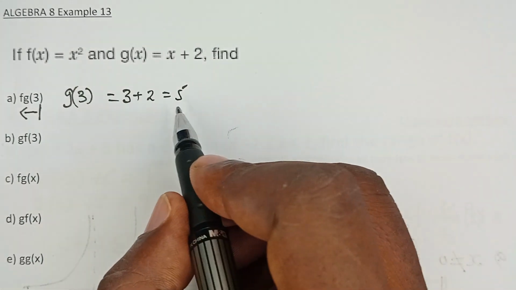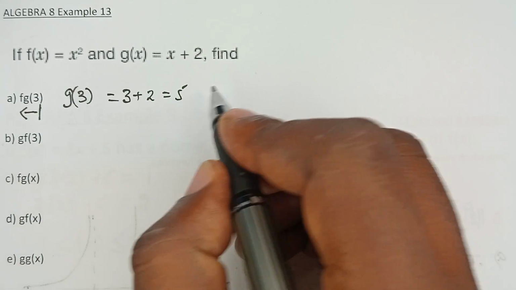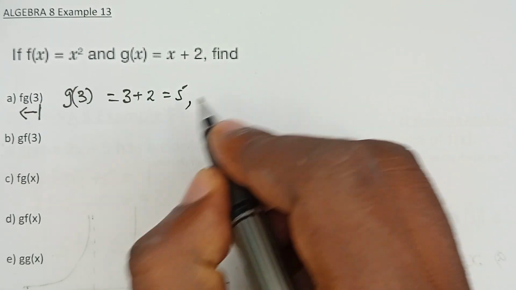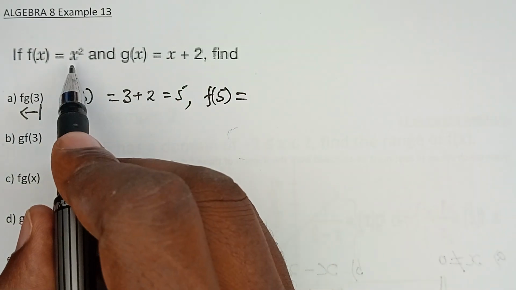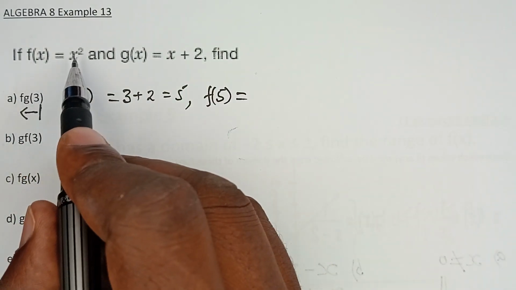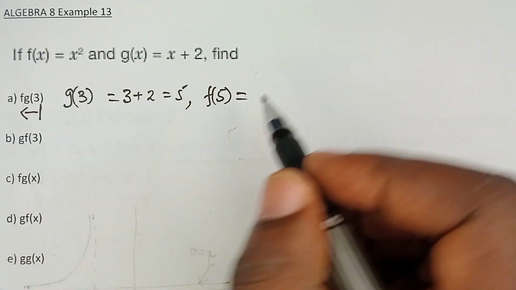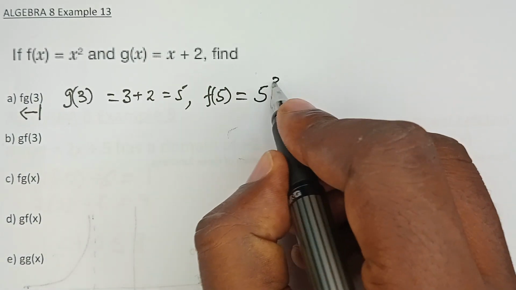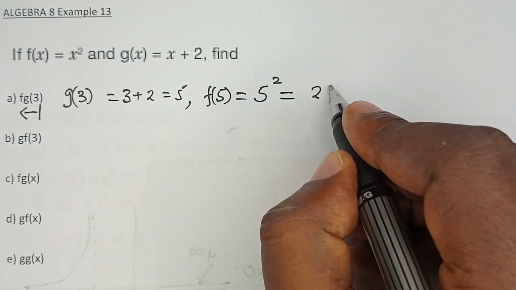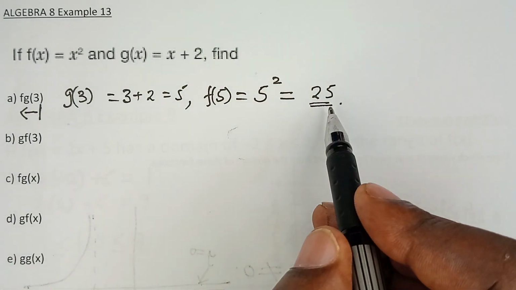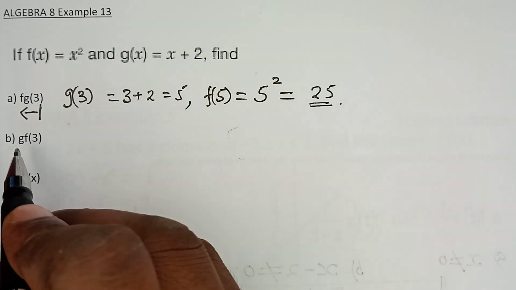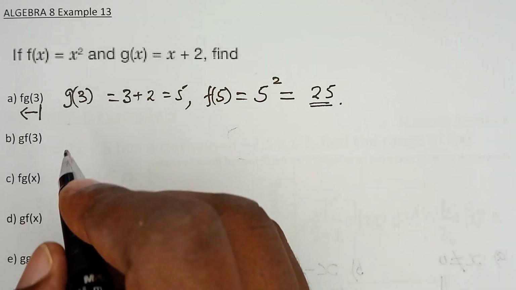That now becomes the domain of the second function. So we have f(5), whereby the function f is x squared. Whatever the value of x is, we square that. So 5 squared, we get 25. So fg(3) is 25.